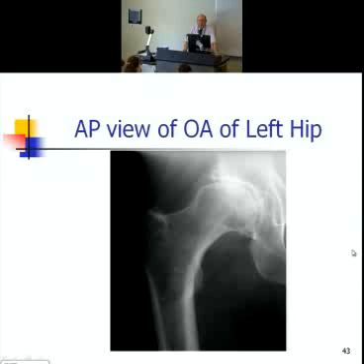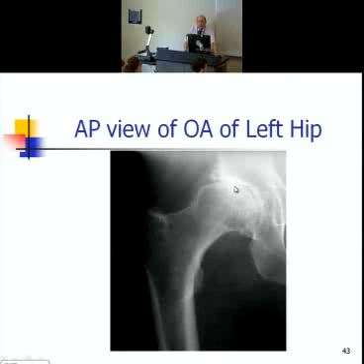So this is an AP view of an osteoarthritic left hip. So what do we see? Very sclerotic bone, right? Very sclerotic bone up here. Less sclerotic, but still some sclerosis over here. But again, this is the weight-bearing surface. If we look for the joint space, I can see a little bit of joint space where my arrow is here, a little bit of joint space up here, and now I lose it.